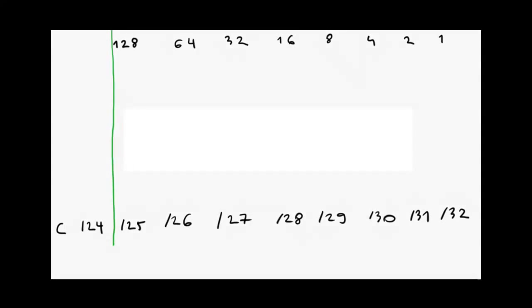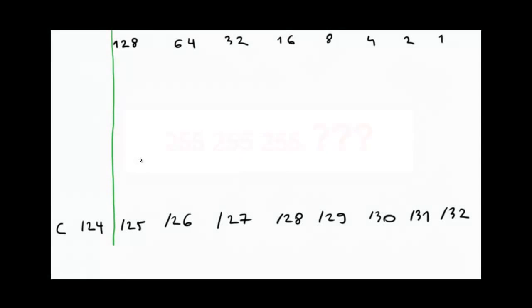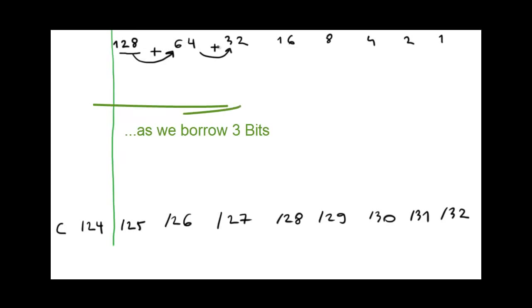What is the subnet mask value in dotted decimal notation? For /25, it's 128. For /26, okay, it's not 64, it's 128 plus 64. For /27 it is 128 plus 64 plus 32.